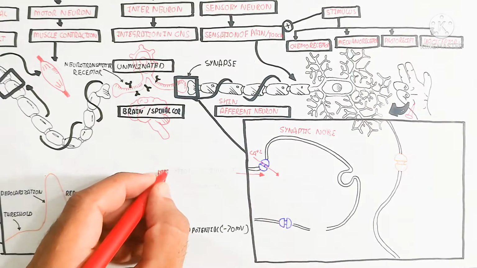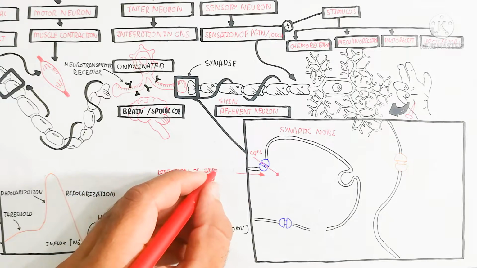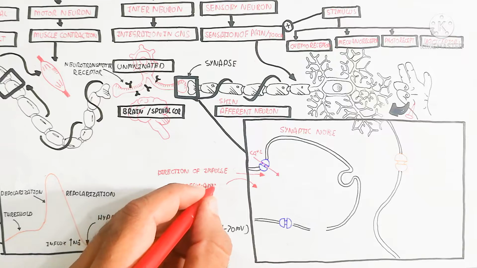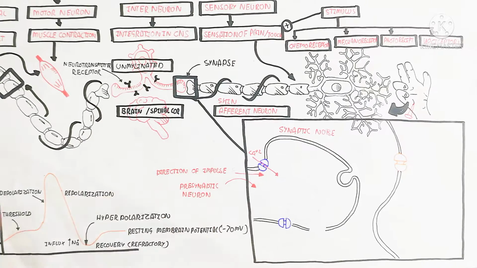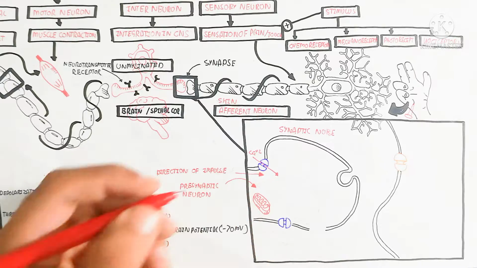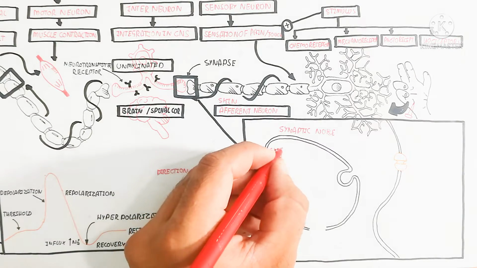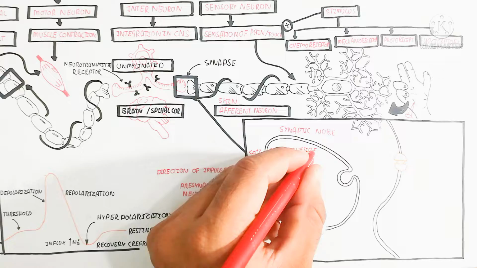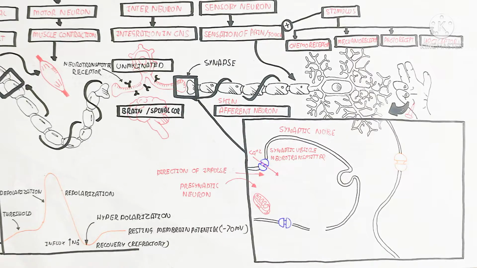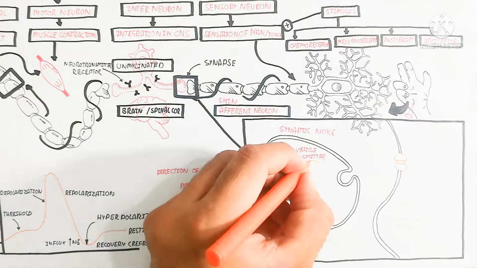Here is the synapse. Synapse means conduction through a synapse. It is the neuron gap, across which a neurotransmitter passes the nerve impulse to another neuron. Here the synaptic knob is present, and the synaptic vesicle contains the neurotransmitter.